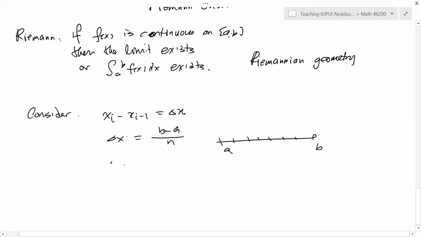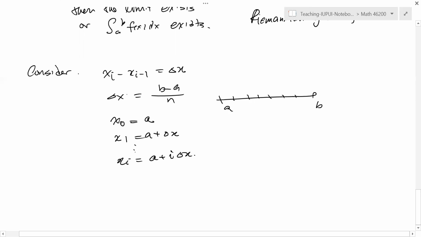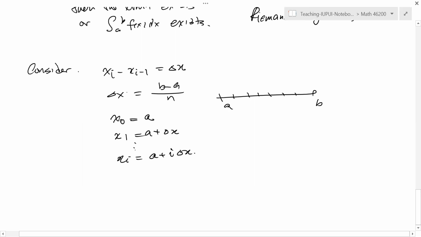So the length of each subinterval will be b minus a divided by n. x0 is a, right? How can I write x1? Well, x1 is a plus delta x, and so on. x_i is going to be a plus i delta x. So this is a right endpoint. This is our fixed partition.